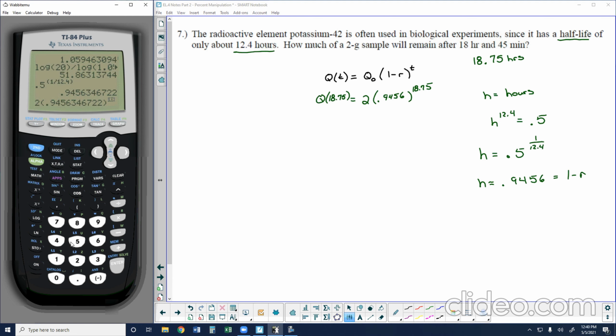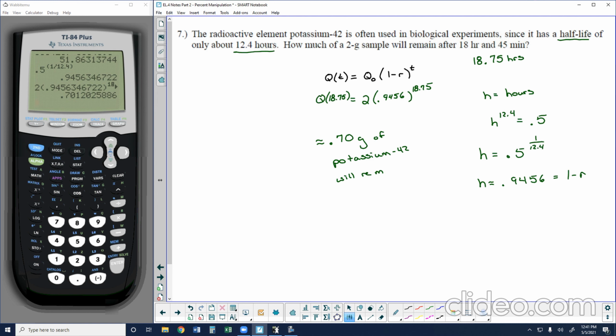So what we did here was we converted the decay rate that we knew into an hourly rate, used that hourly rate in our exponential growth or decay equation, and then found out how many grams would be left.